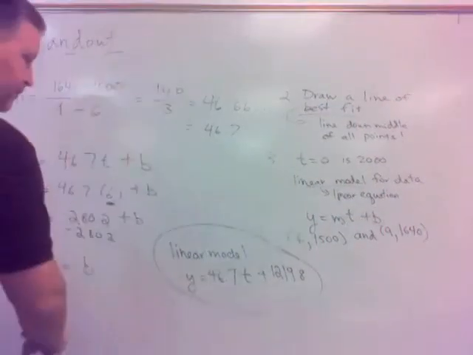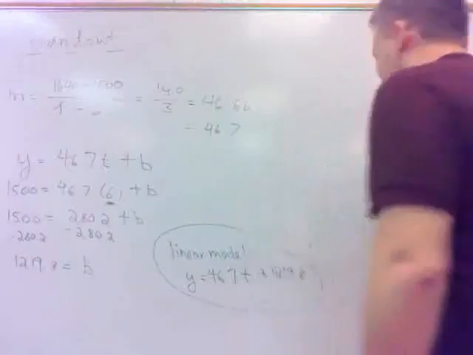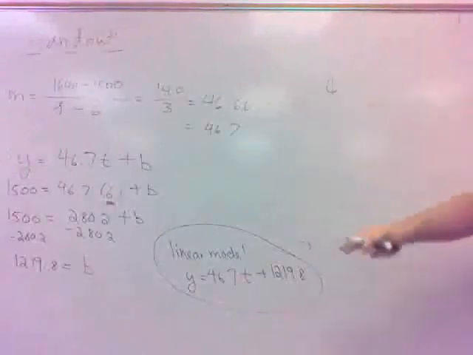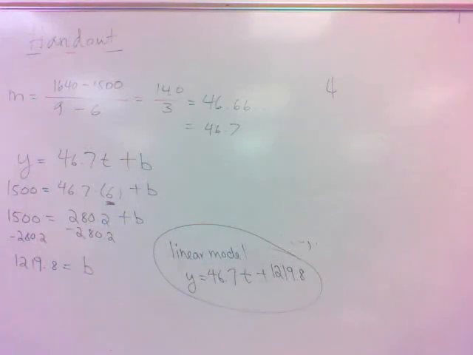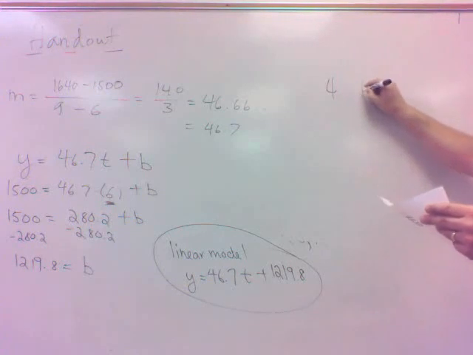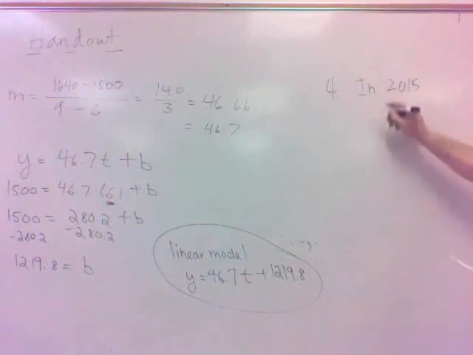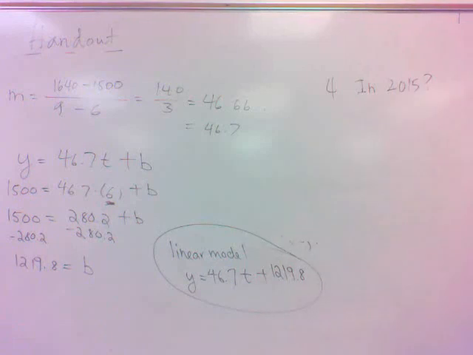All right, now there is a number 4 to this one on the back. Before I forget. So yeah, once we have the linear model, then we can use it to predict here, using the model, predict the enrollment in 2015. Well, if we're going to 2015, that's a time in years, and 2015 would be which year?